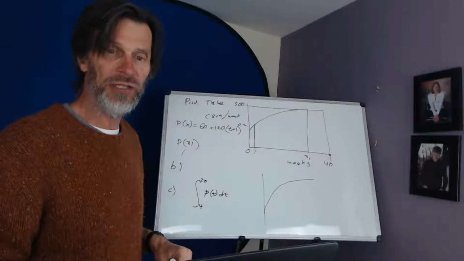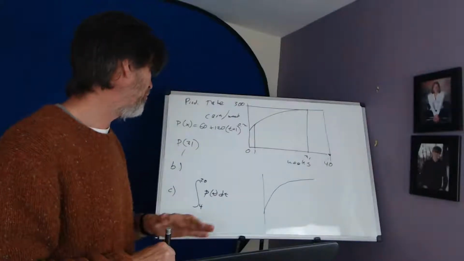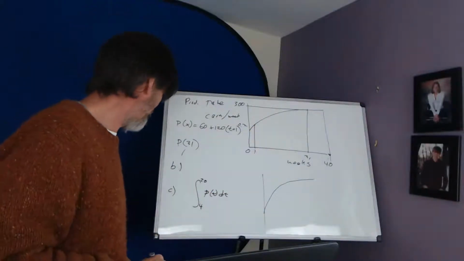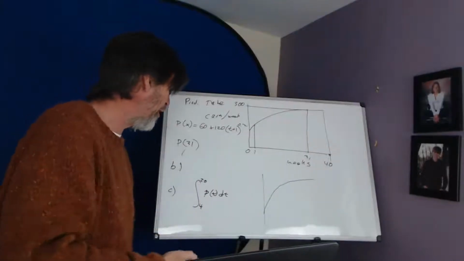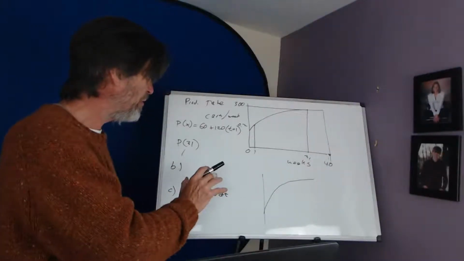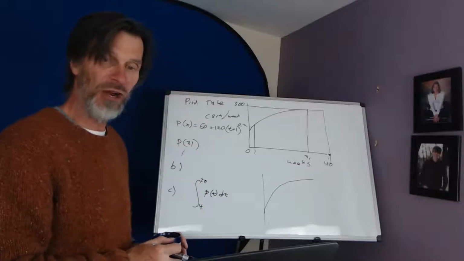So if anyone in here wants to offer help on either of those parts, what this means as far as the graph is concerned, how you could relate this to something on the graph, and then what this means as far as the production of cars is concerned.